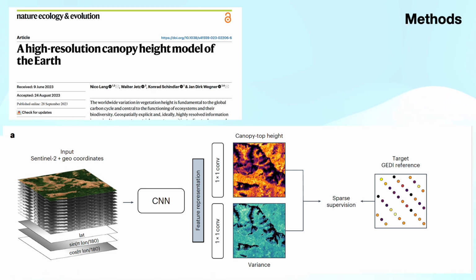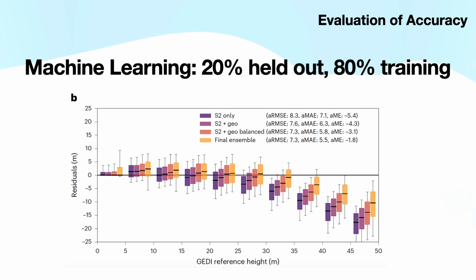So how they do it is they train the machine learning model, the convolutional neural network, and then they use the GEDI reading of canopy height as the reference to do supervised learning. And in their machine learning, they held out 20% of the data for testing and 80% of the data for training. And that 20% is used to evaluate the accuracy.